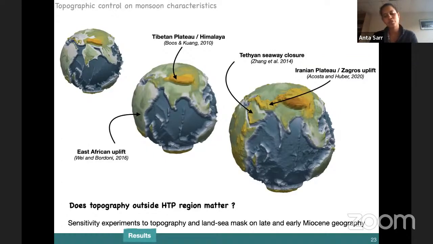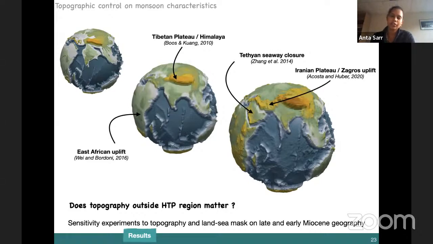So in the late Miocene geography on the right, I did test the effect of closing the Tethys seaway, because we know that this seaway had been fully closed during the middle Miocene. And in the simulation, more specifically, I did investigate the effect of emerging land in this region. I also investigated the effect of changing elevation in the Iran and Zagros regions.